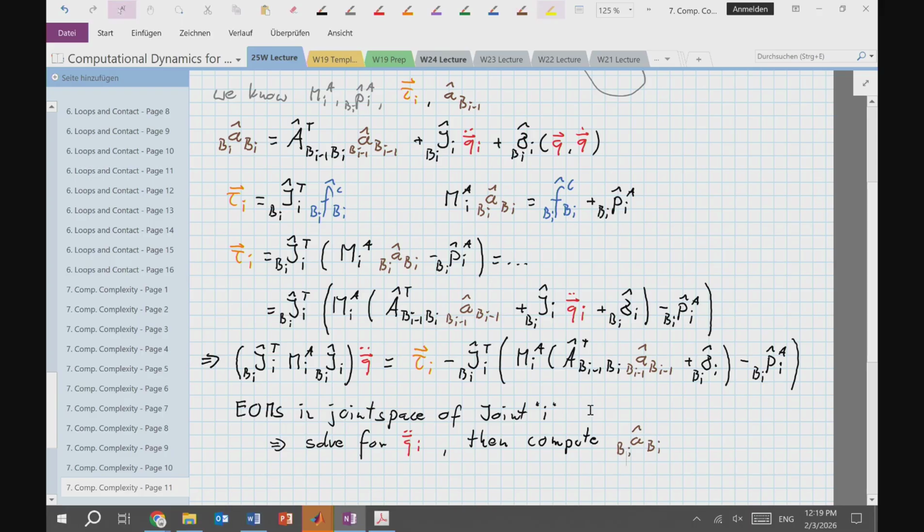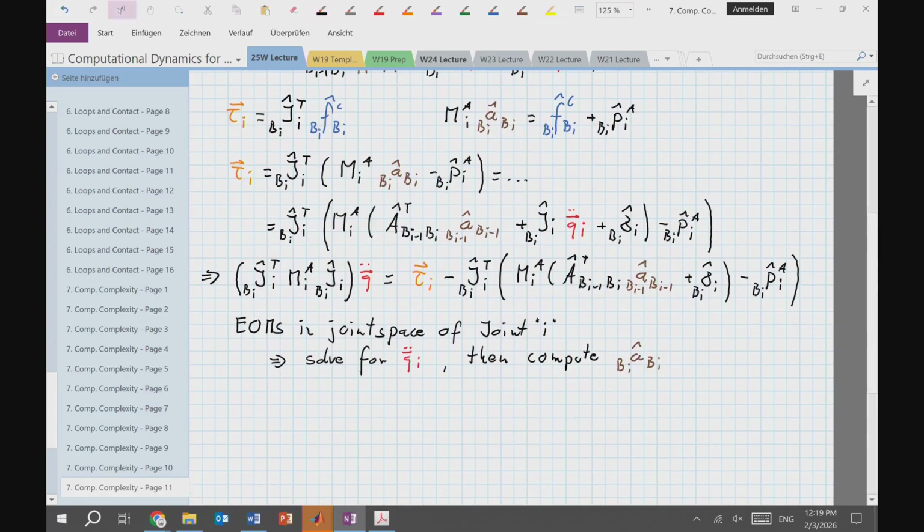And then I'm prepared for the next joint, because then I know the acceleration of body Bi, and I can then go ahead and solve the motion for joint i plus 1. And all of this happens in linear time.